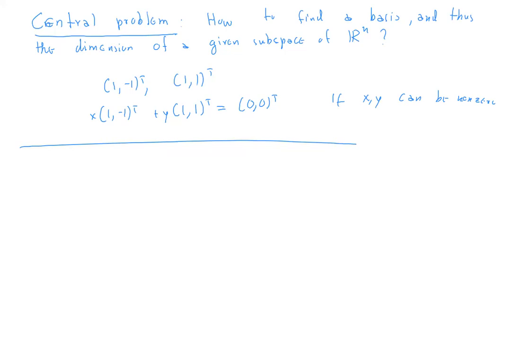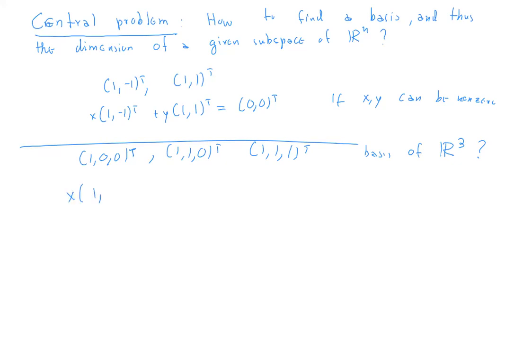Number 2 says show that the vectors 1, 0, 0, 1, 1, 0, and 1, 1, 1 form a basis of R3. Well, they are the right number. There are 3 of them. So all they need to do is, for example, be linearly independent. So do the same thing.